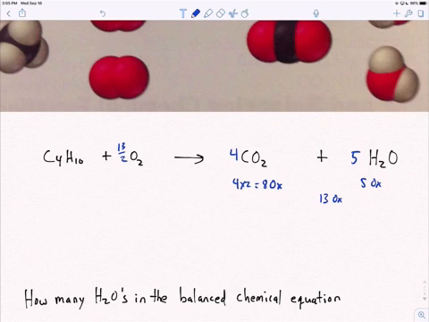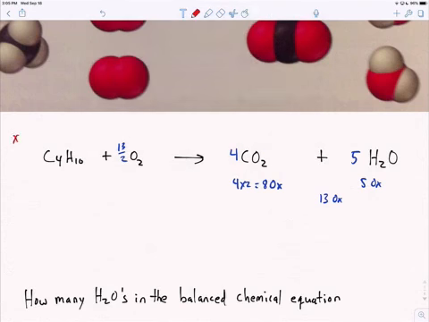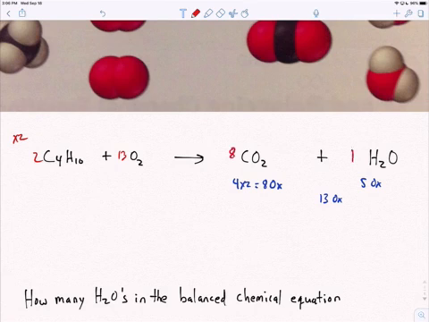Chemistry deals with discrete mathematics, only whole numbers, so we have to multiply the whole equation by 2. So we change colors to red. Times 2, so we have 2, 13, 8, and 10.